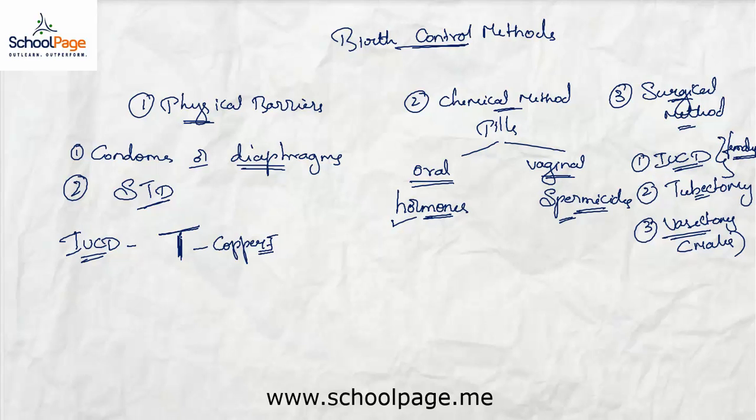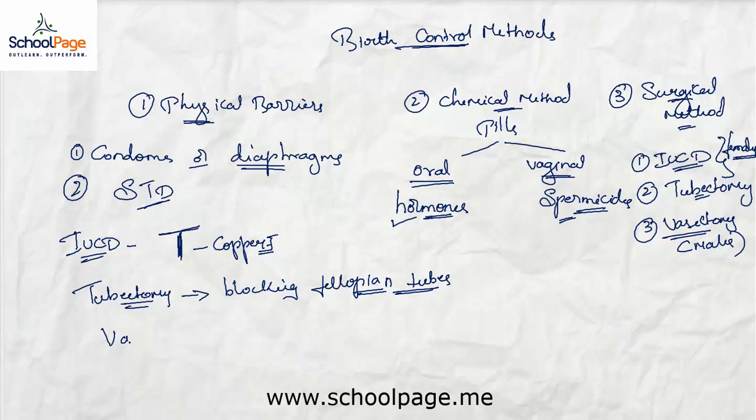The next method is a tubectomy. Tubectomy is also a procedure performed on females and it involves blocking of fallopian tubes. Recall that the fallopian tubes are the places where the fertilization occurs. A similar procedure is done on males and is called vasectomy.